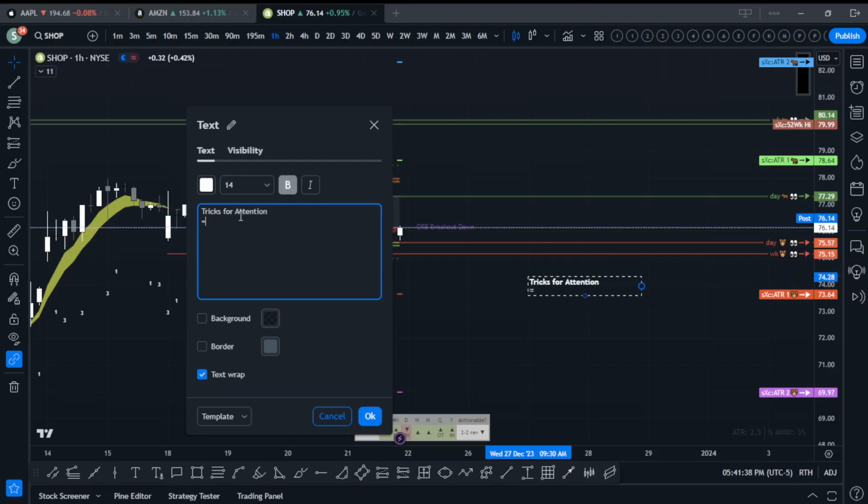Tricks for attention. Breaking weekly levels is one thing it can do. Breaking daily levels is another thing it can do. Breaking ORB, Strat combo, excuse me, death or golden cross.